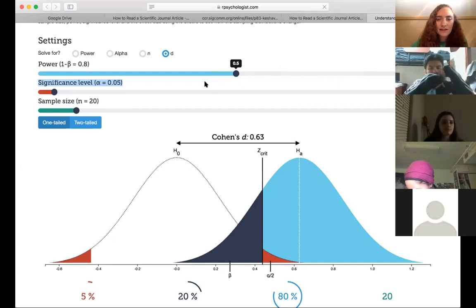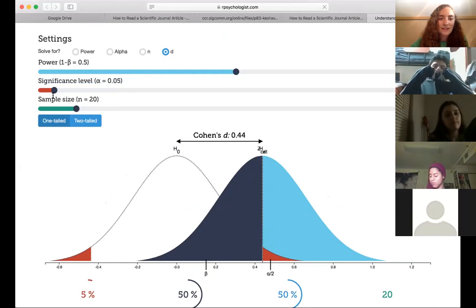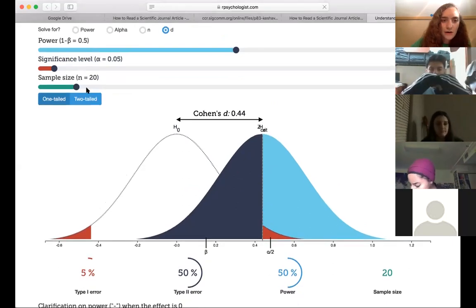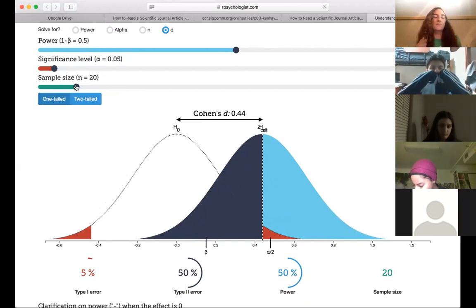So this is a good demonstrator to show why increasing the sample size helps with power. Right here, I don't want to sacrifice my alpha because it's meaningless, as I said before. But of course, we don't want too big of an alpha.